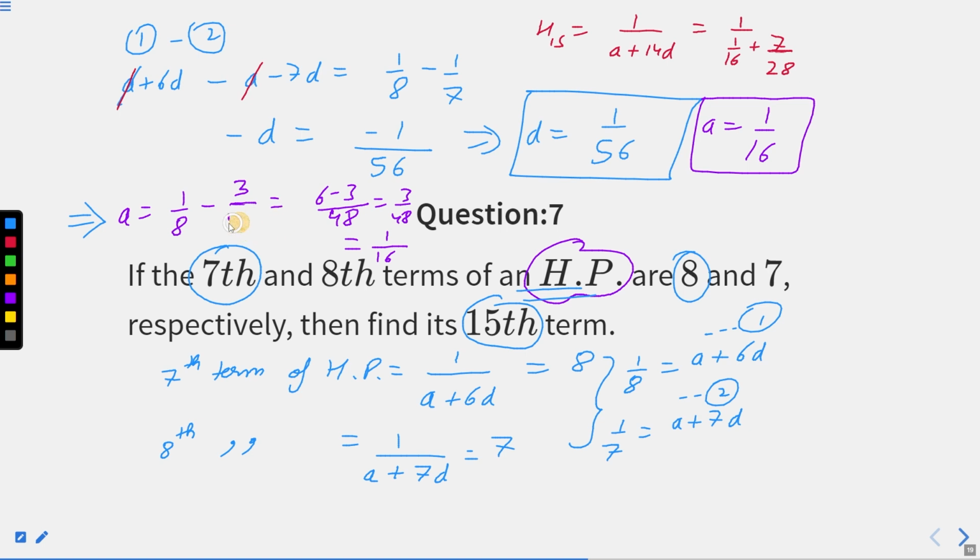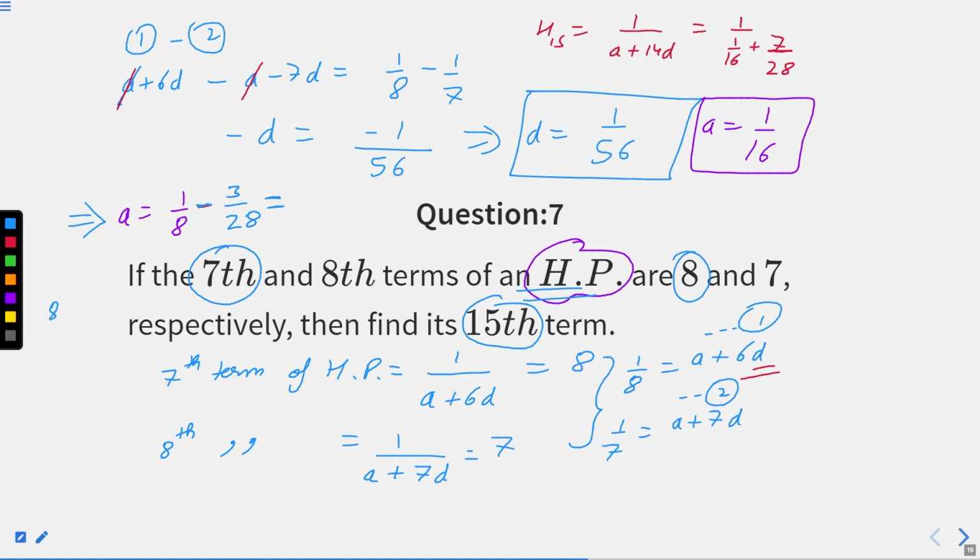Let me calculate the A value once again. From equation 1, A equals 1 by 8 minus 6D. D is 1 by 56. Taking 2 common leaves me 3 and 28. Yes, it is 28. Now let's do the LCM.